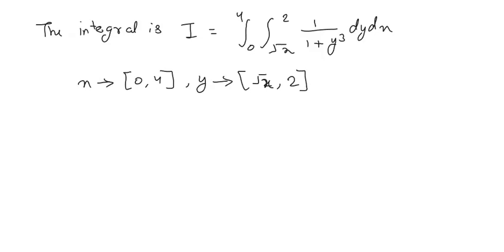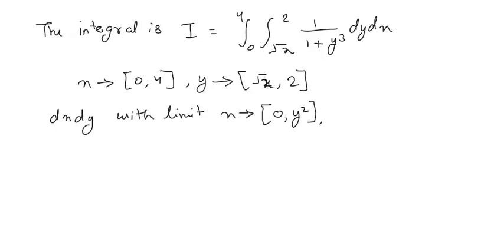Now reversing the order of integration to evaluate. So we are reversing the order of integration from dy dx to dx dy, with limits x tends to 0, y square and y tends to 2, 4.